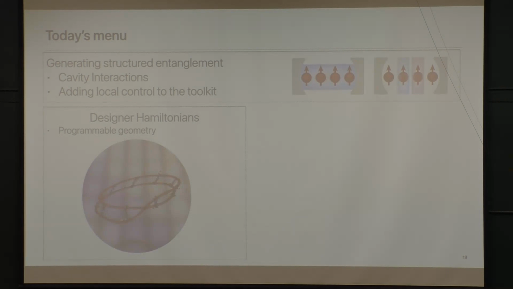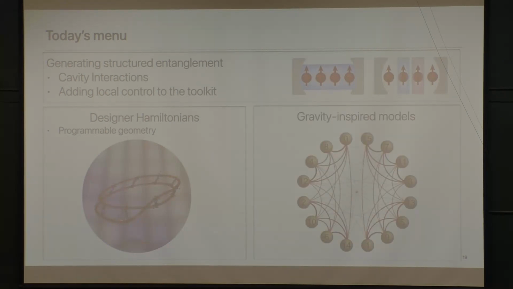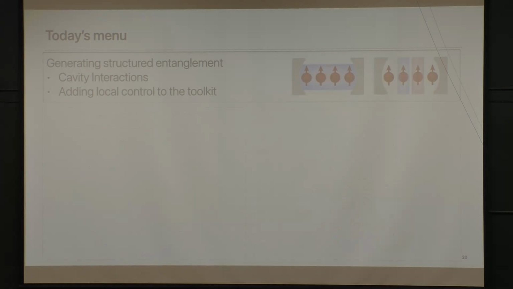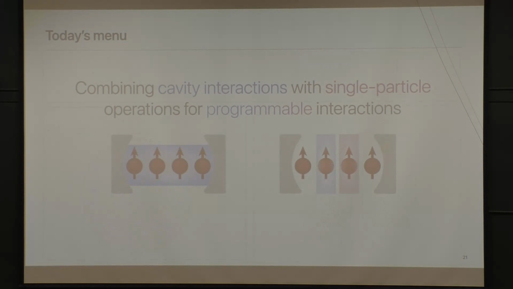We can use that to make Hamiltonians that have programmable geometry, so we're no longer limited to a two-dimensional or three-dimensional plane. It's just something you ask for. And then we'll talk a little bit about some gravity-inspired models. Okay, but first let's talk about generating entanglement, and in particular, how do we combine all-to-all interactions with single-particle operations for something more programmable?